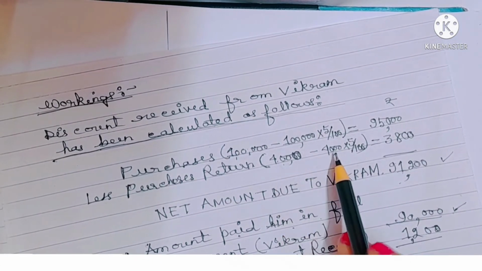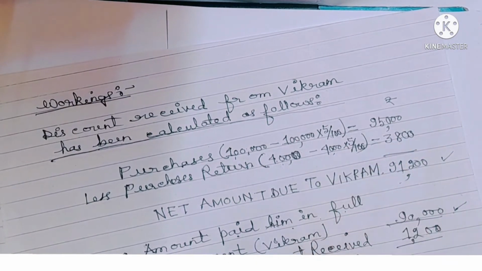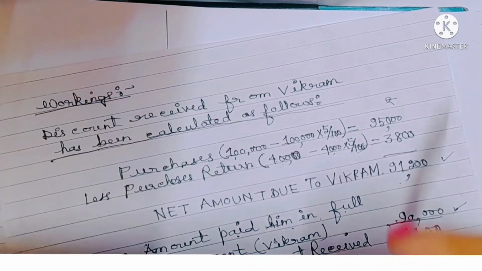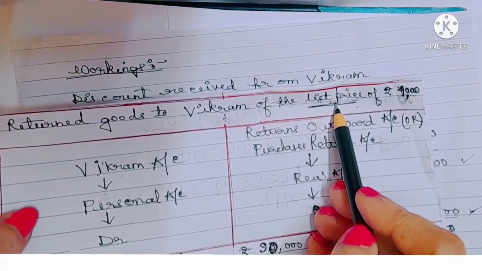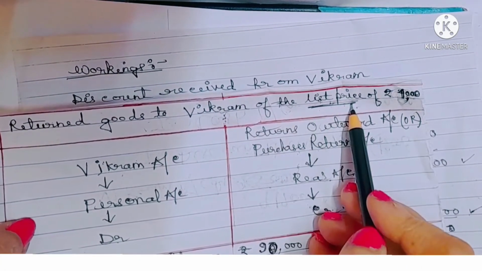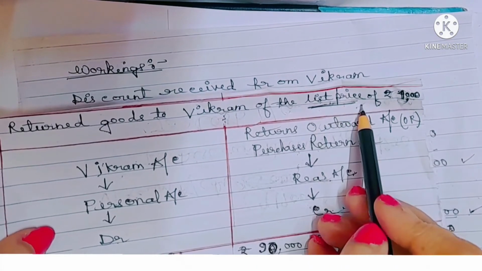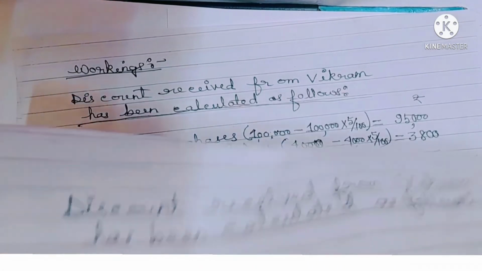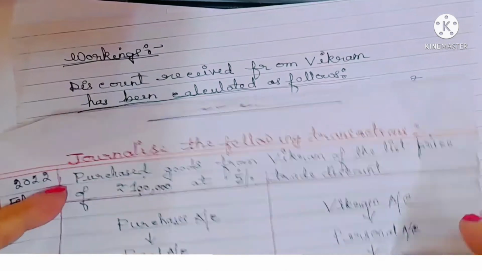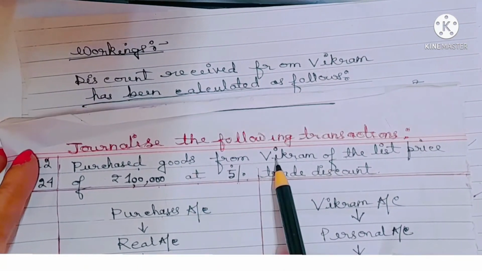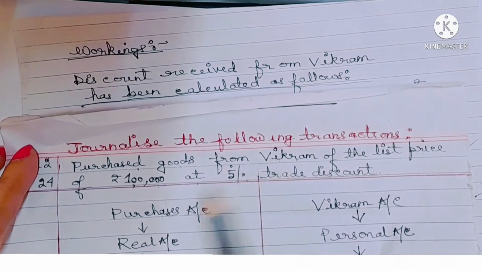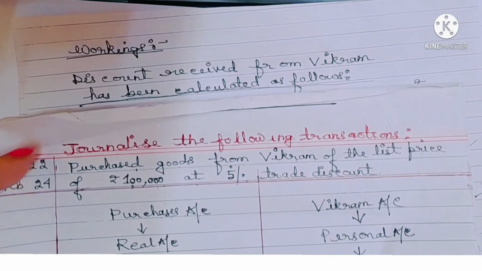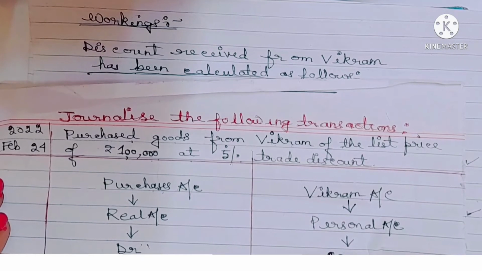When we return goods to Vikram, it was of the list price, so we have to deduct trade discount from here also. How many times are we deducting trade discount? First, when we are purchasing goods from Vikram, we deduct trade discount, and when we are returning goods, we deduct trade discount.